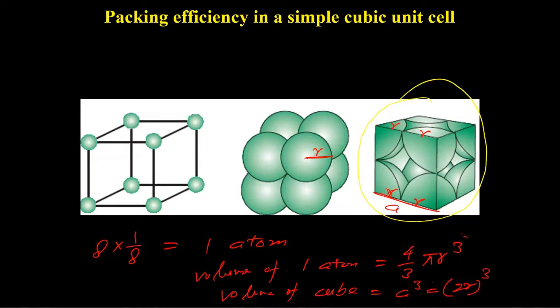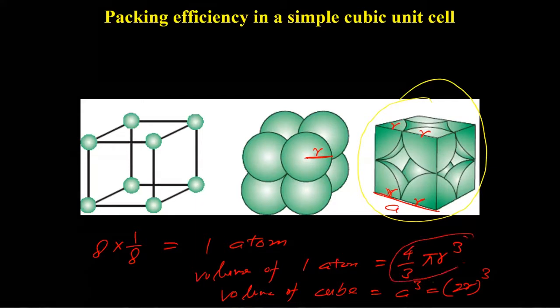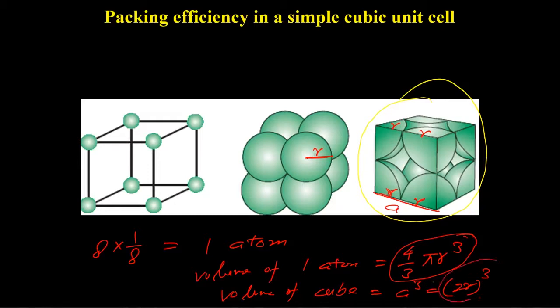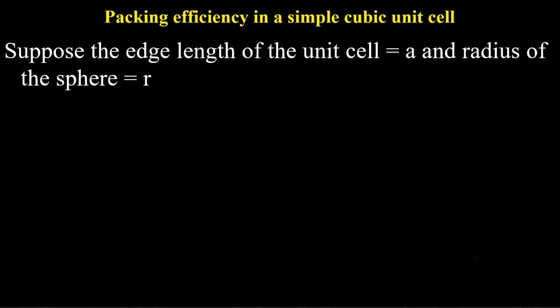So we know the volume of the solid, occupied part, which is obviously the volume of the atom, and the volume of the whole cube. If we divide the occupied part by the whole and multiply by 100, we will get the percentage. So that's how we calculate the percentage packing efficiency.